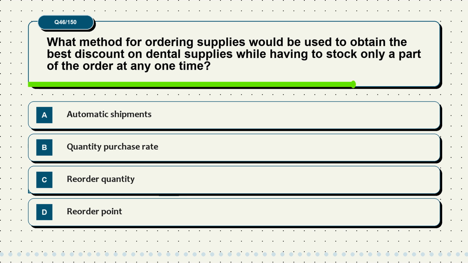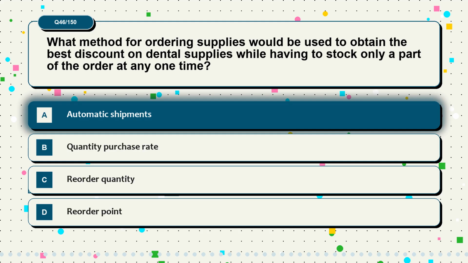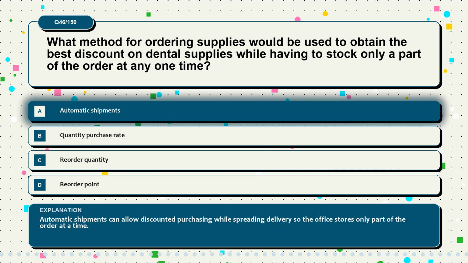Option C, reorder quantity. Option D, reorder point. The correct answer is option A, automatic shipments. Automatic shipments can allow discounted purchasing while spreading delivery, so the office stores only part of the order at a time.